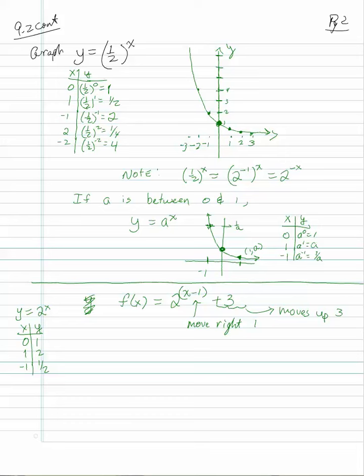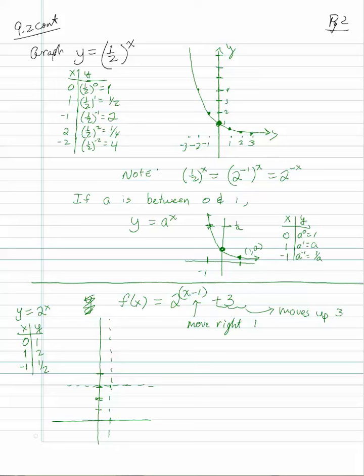So when I draw my picture, I'm going to go like this. I guess I don't need to make it that big. So I'm going to go to the right 1, up 3, and I'm going to pretend that's my origin, and I'm going to start counting from here.